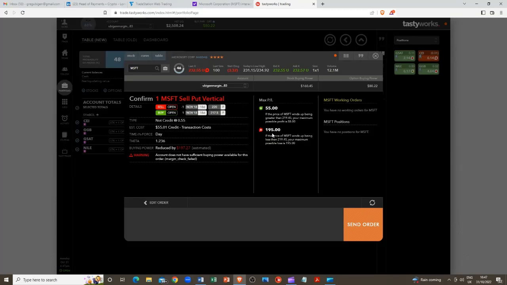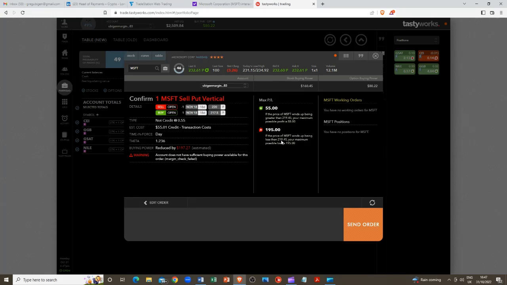So now you're risking $195 to be able to make $55. And what you see here is it says if the price of Microsoft Corporation winds up being greater than 219.45, your maximum profit is $55.